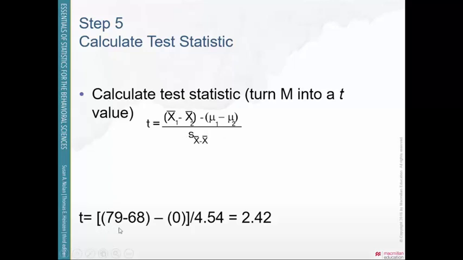So in this case, we've got 79 for the mean of group 1, so that's the mean physical health score for children whose parents are married, minus 68, which is the mean physical health score for children whose parents are going through divorce, minus 0, as I said, this is always 0, so you can almost just ignore that, divided by our estimated standard error, which we just came up with as 4.54, which gives us a t of 2.42.